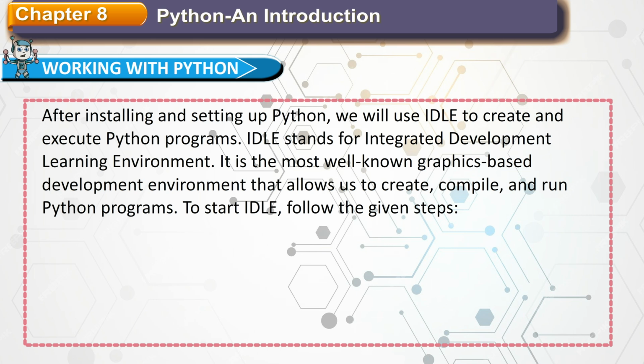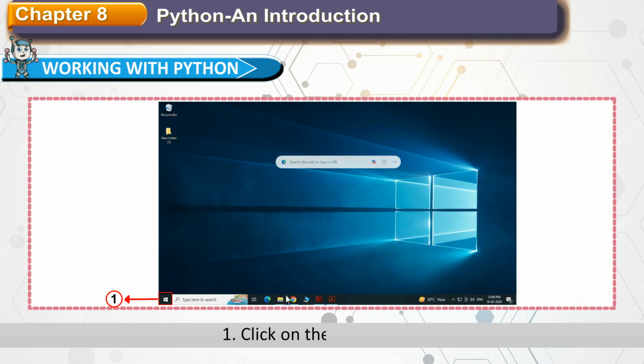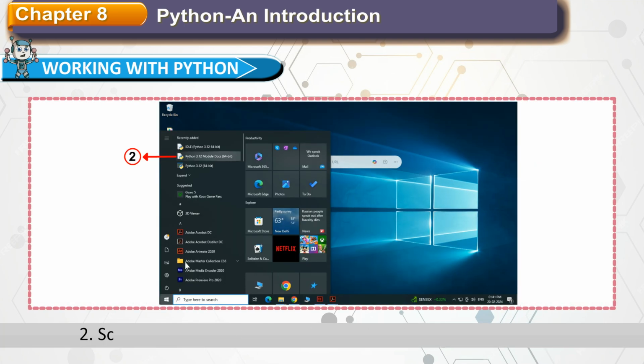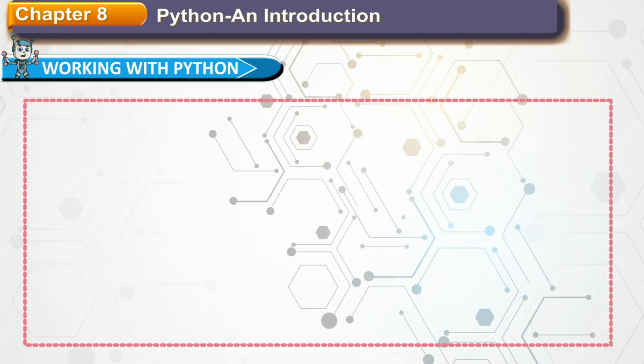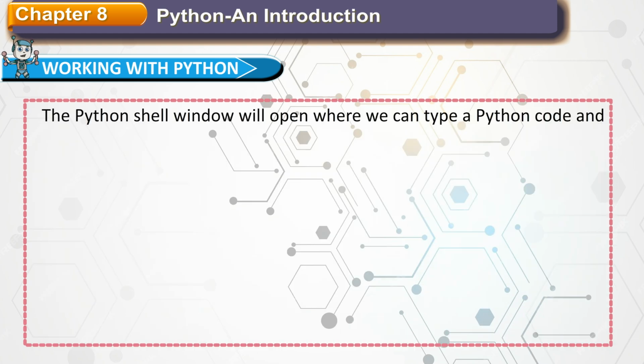To start IDLE, follow the given steps. 1. Click on the Start button. 2. Scroll to find letter P and click on the IDLE option from the list. The Python shell window will open where we can type Python code and view the output in the same window.